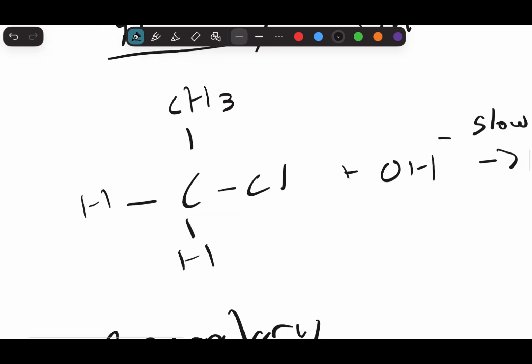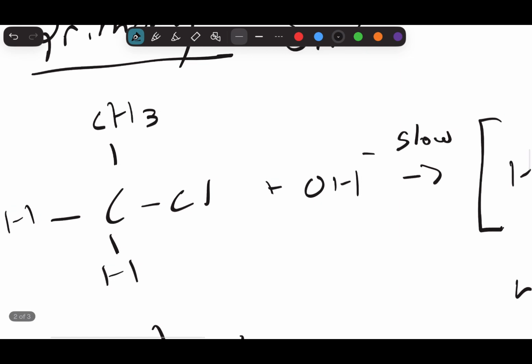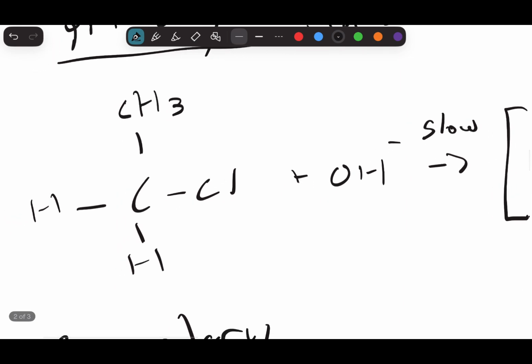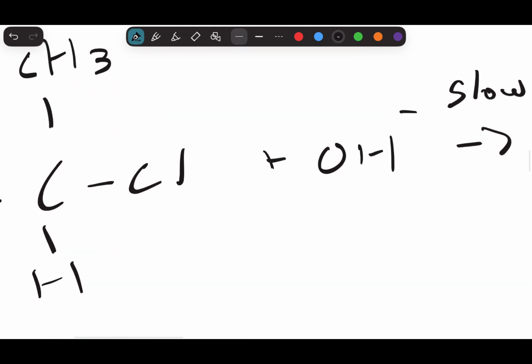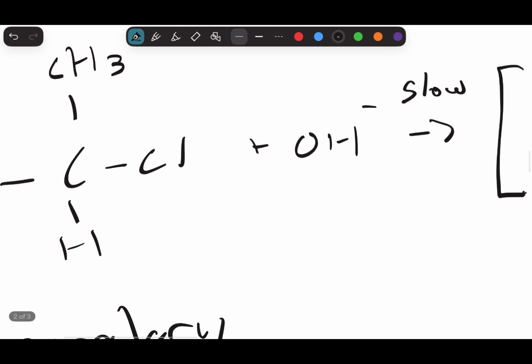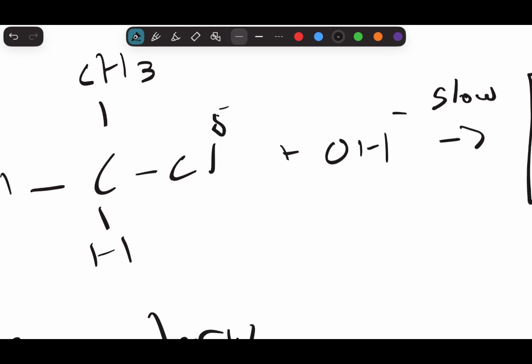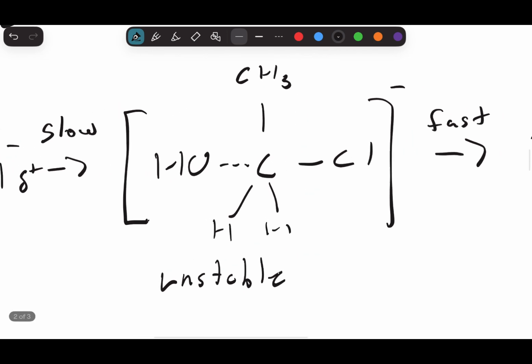So let's take the reaction of chloroethane, C–Cl, with an OH minus, or hydroxide. So what will happen is that because we know this is partially negative, then this is partially positive, forming a carbocation. So this will kind of sub in here.